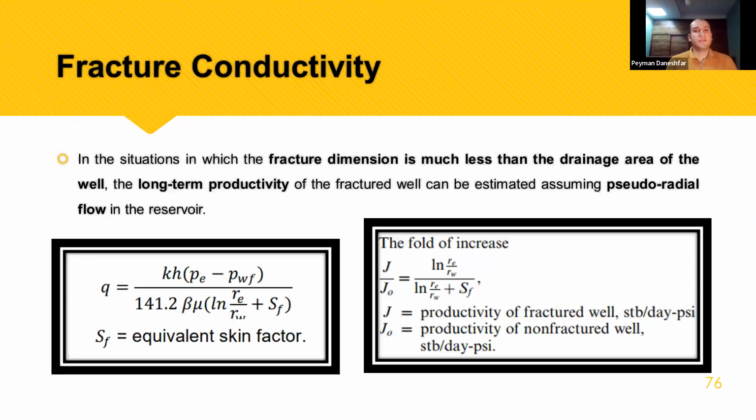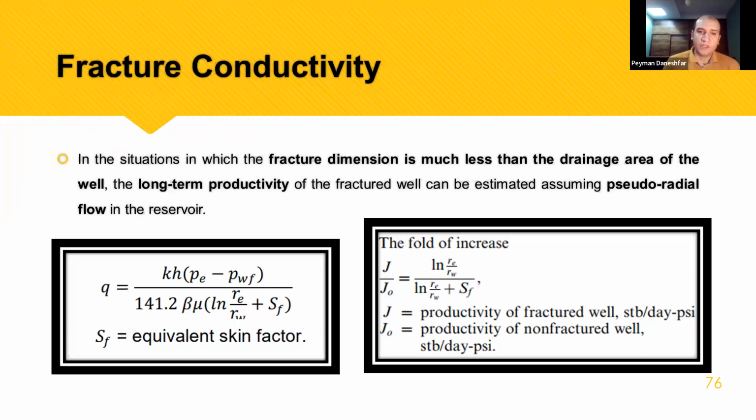As you can see here, the fold of increase is the ratio between the productivity of fractured wells and the productivity of non-fractured wells. If you see that, it depends on the wellbore radius and drainage radius, and also the skin factor.